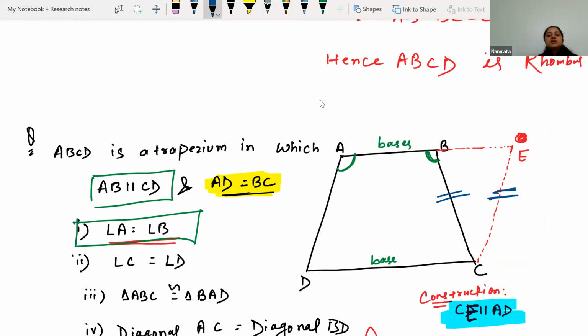Since these two are same, does it look like an isosceles triangle where two sides are same? If it's an isosceles triangle, can I say this angle and this angle will be same? Yes. So angle B will be equals to angle E, or the proper name will be angle CBE is equals to angle CEB.